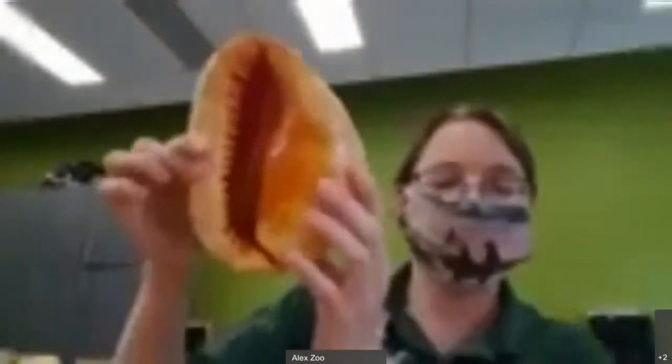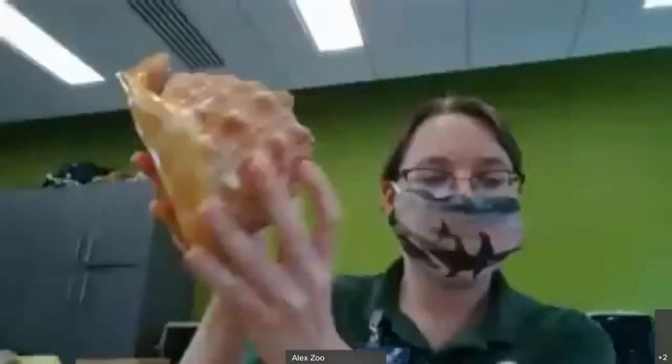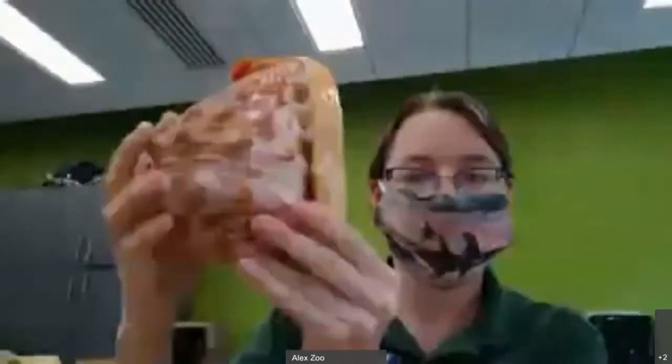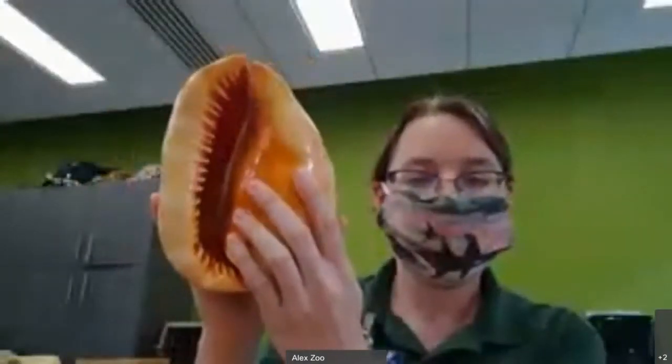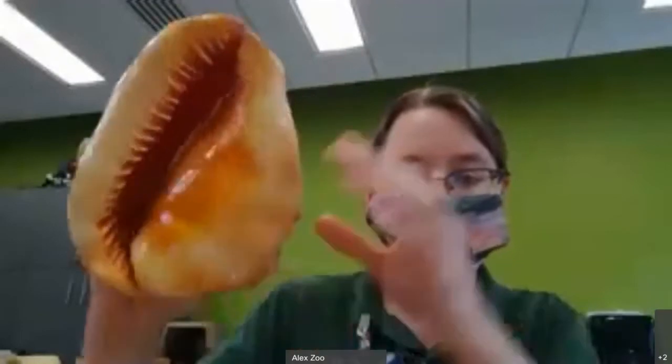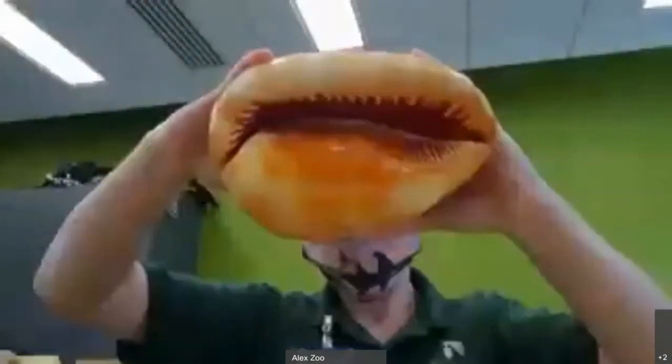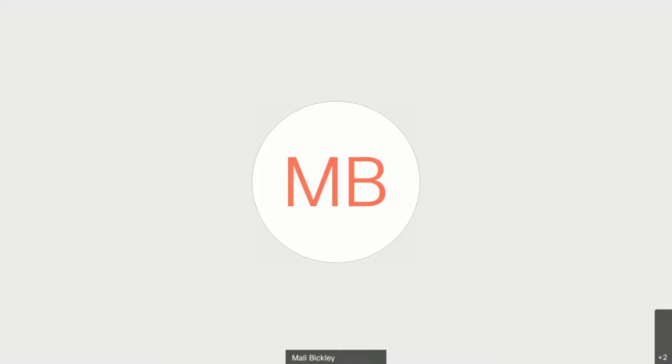Does anybody know what this is? Charlotte and Isaiah say a conch shell. Yeah, this is actually called a helmet conch because it kind of looks like a helmet. And even though it's kind of hard to tell, they have bilateral symmetry going this way.